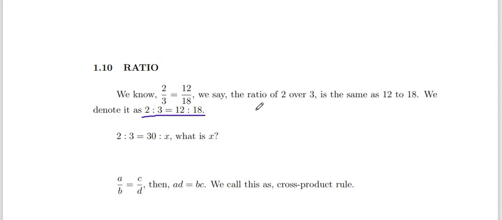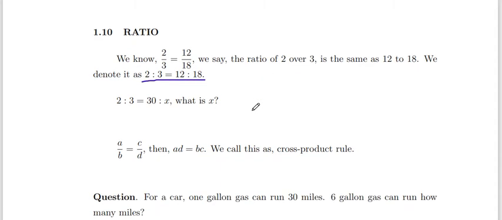Okay, so we have problems like 2 over 3 equals 30 over x. What is the x value? We can use this: it is just like a fraction, 2 over 3 equals 30 over x.